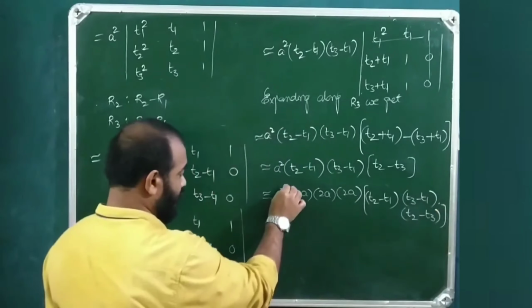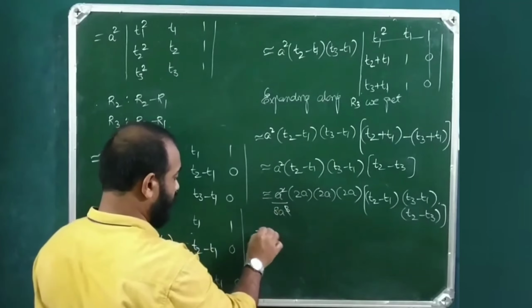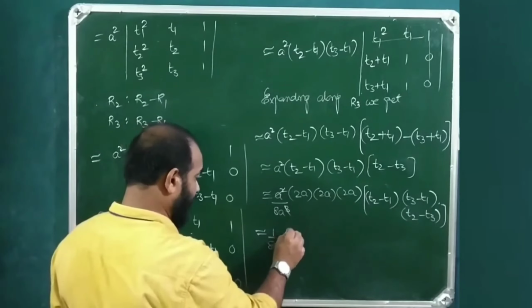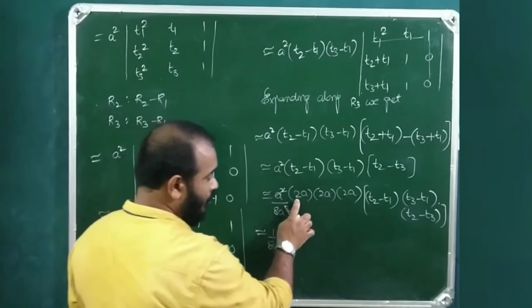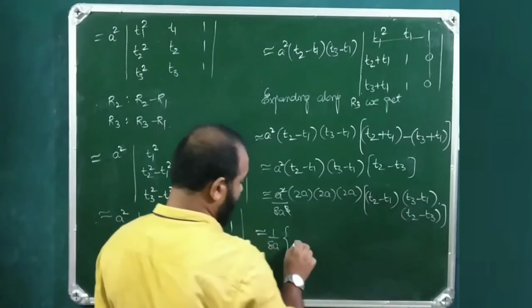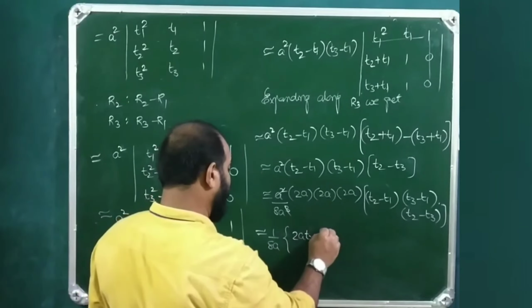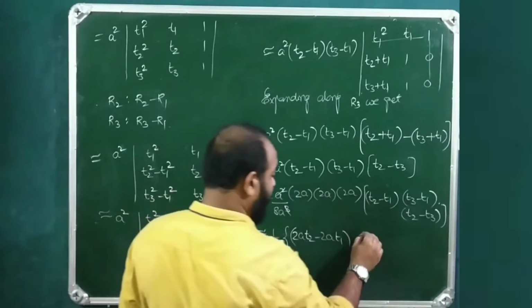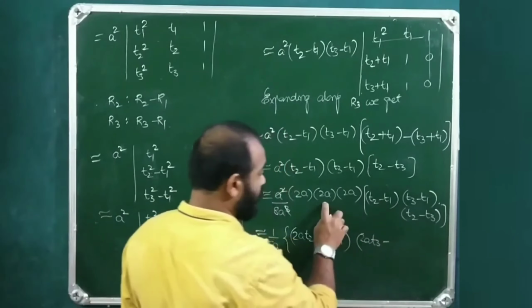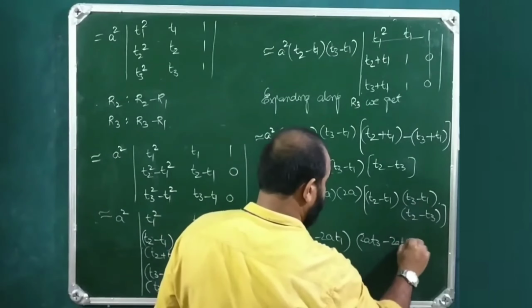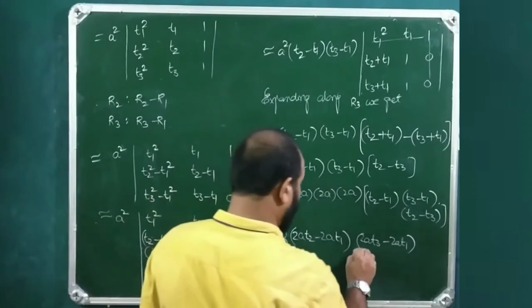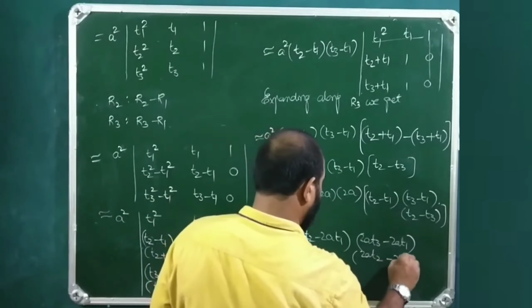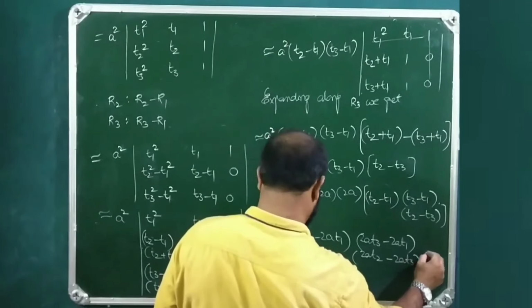This and this get cancelled. So we are left with 1 by 8A into 2A T2 minus 2A T1, into 2A T3 minus 2A T1, into 2A T2 minus 2A T3.